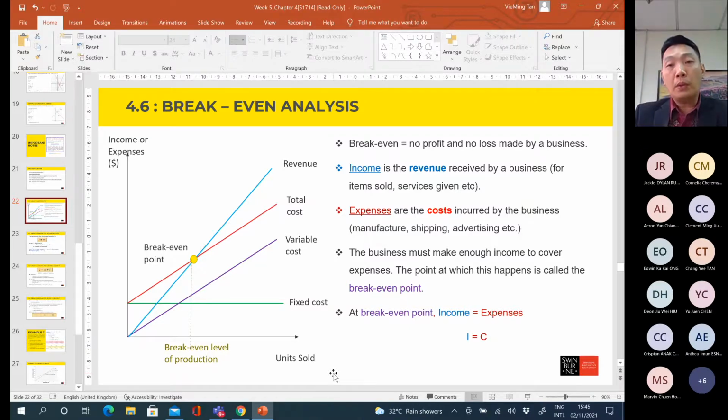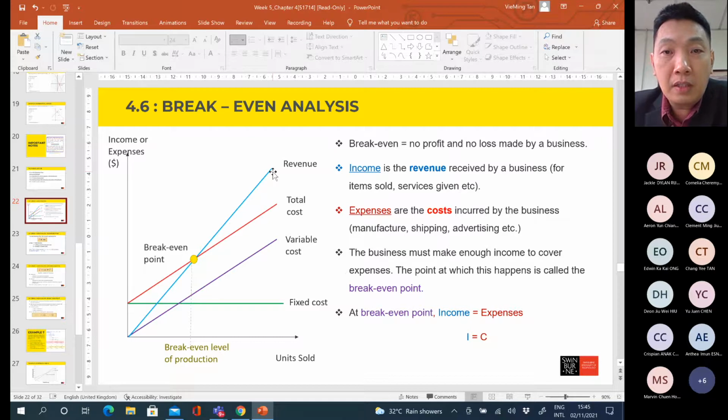If I draw the lines, I simply use straight lines, because in reality the revenue curve and the total cost may not be straight lines, but in order to simplify, I draw straight lines. Let's say the red line is the total cost, and the blue line is the total revenue, or total income.